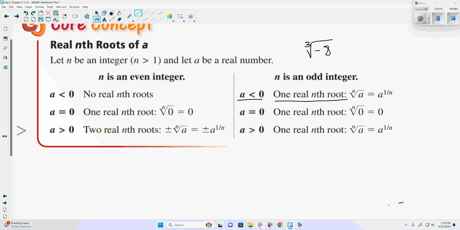Now if the number inside is 0 with an odd root, we have one real root. And if the number is positive with an odd root, we have exactly one real root. Not too bad.